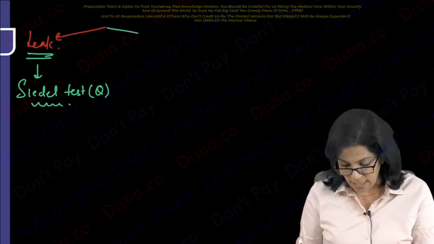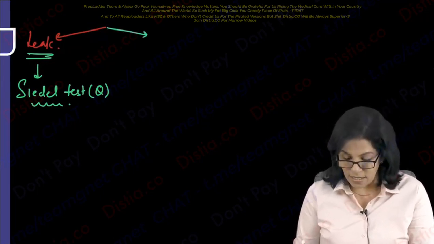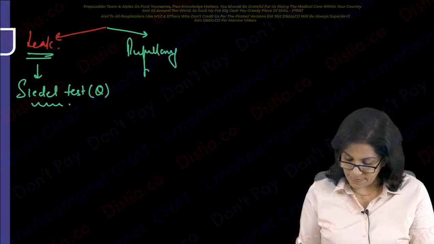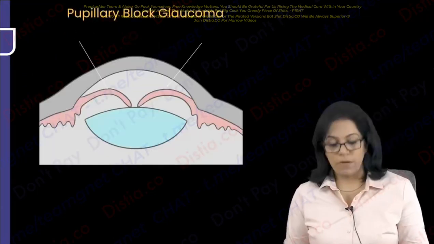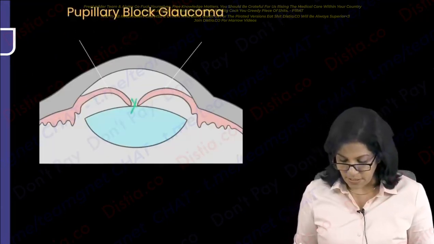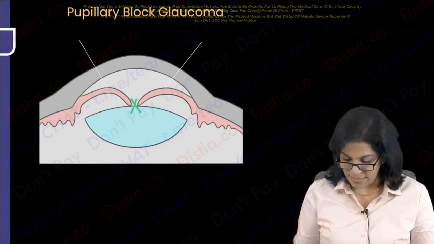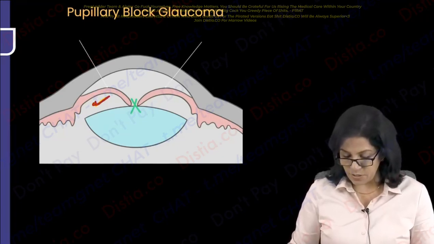Second, we have to know the next cause of shallow AC, very, very important: pupillary block glaucoma. Right? So you all know about pupillary block glaucoma. Any block here means aqueous is collected in the posterior chamber, it is not draining, it is pushing the iris forward.